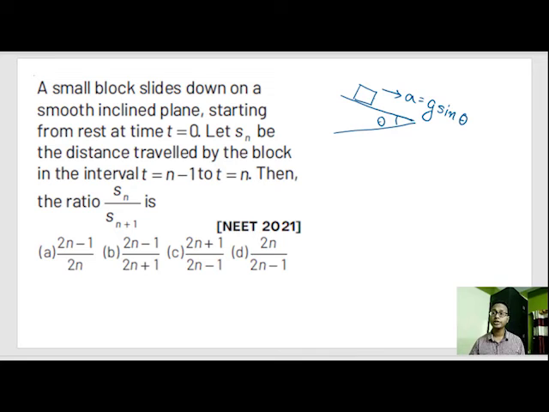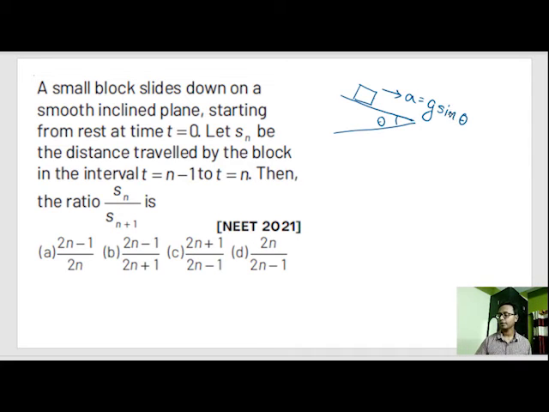How did you arrive at that? This will be taught in Newton's laws of motion, but for now just remember acceleration is equal to g sine theta, and don't focus on this. A few more important concepts will be covered in this question only.